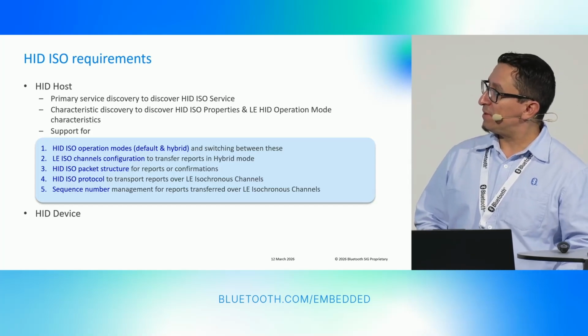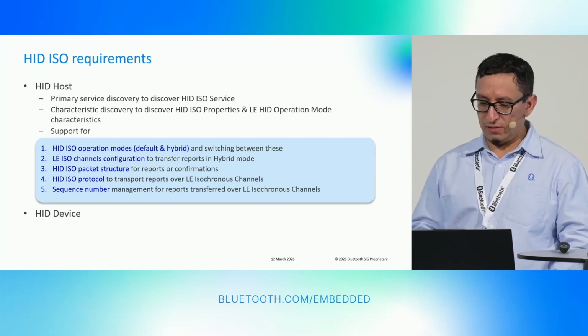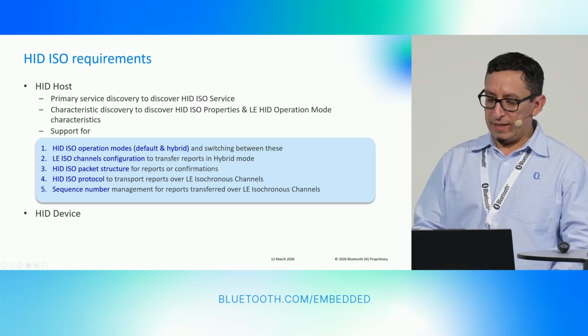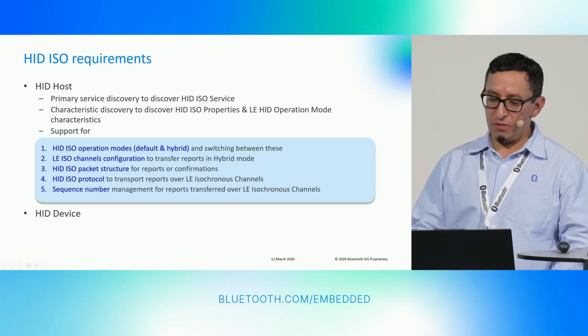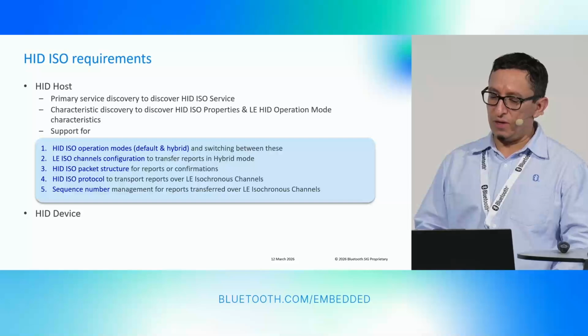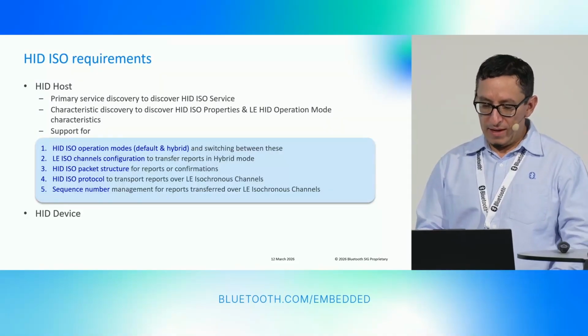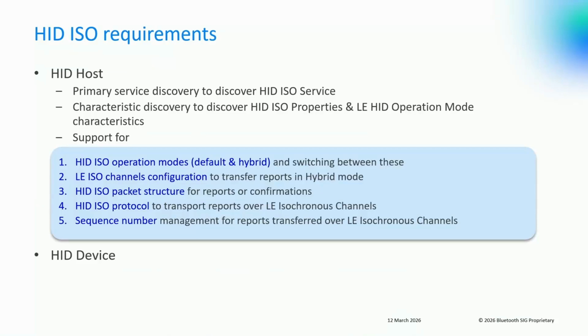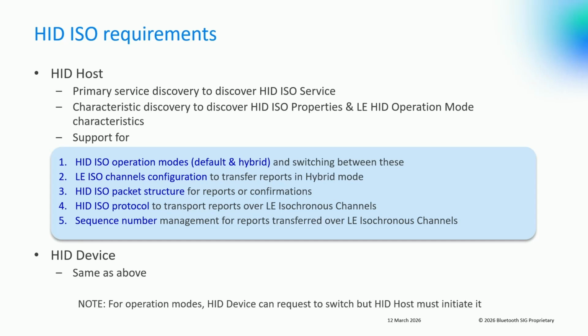Also, it must be supporting the configuration of isochronous channels, obviously, to enable hybrid mode, a new HID ISO packet structure, a new HID ISO protocol that's introduced with the profile, and a sequence number management for reports that are transferred over those isochronous channels. In terms of the HID device, it must be able to do basically all that. Just one thing to note is that when it comes to switching operation modes between hybrid and default, the HID device can make a request for a switch, but only the HID host can actually initiate it.